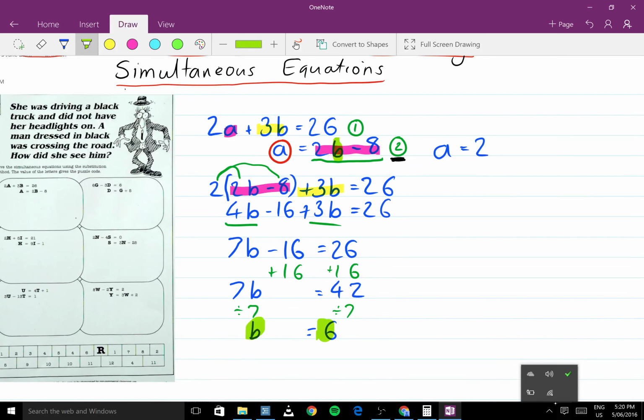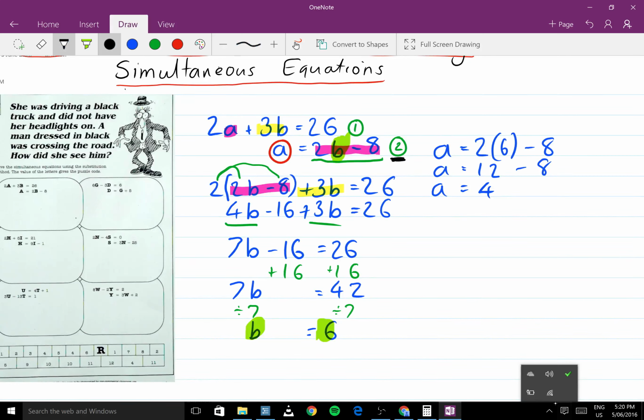So this b over here, sorry for the 2 highlights, has to equal 6. So 2 lots of 6, or 2 times 6, minus 8. So a equals 12, 2 lots of 6 minus 8. a equals 4. Okay, and we're done.